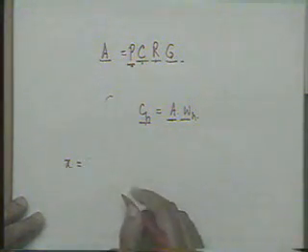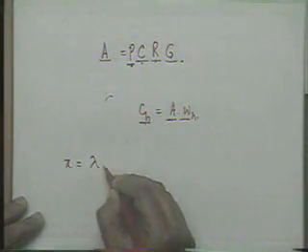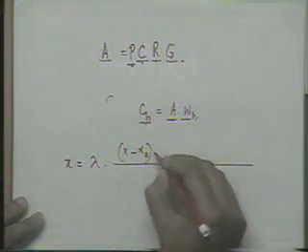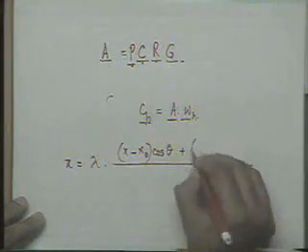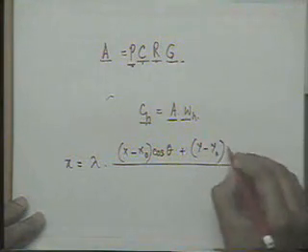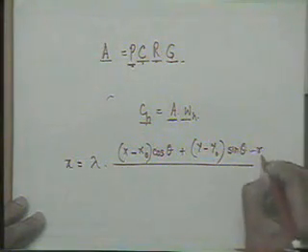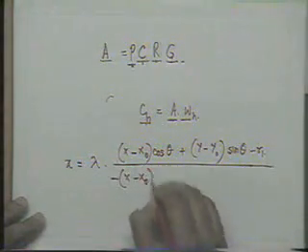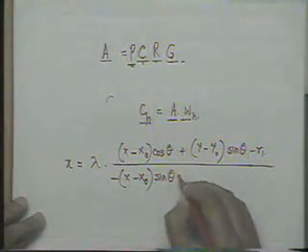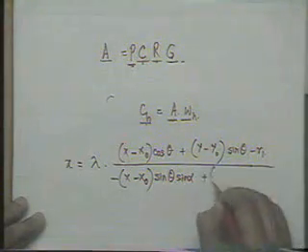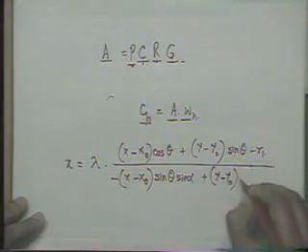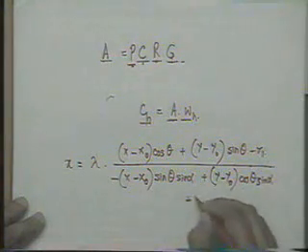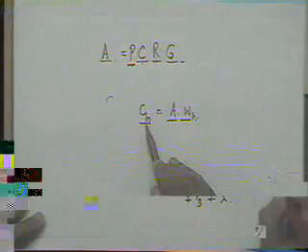The small x for the image point is equal to lambda times x minus x0 cos theta plus y minus y0 sin theta minus r1, this divided by minus x minus x0 sin theta sin alpha plus y minus y0 cos theta sin alpha plus r3 plus lambda.